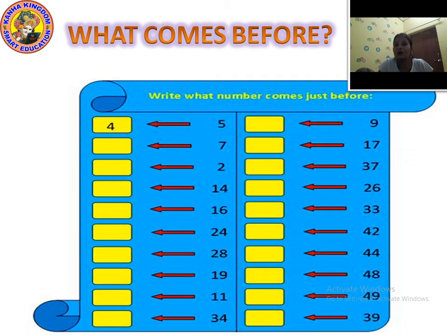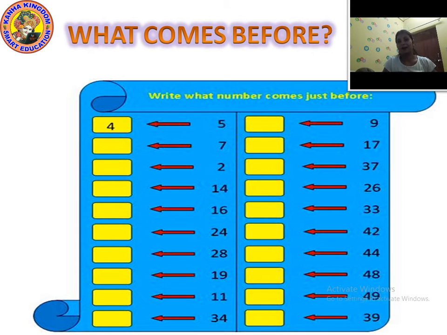Okay, so 16 comes just before 17. Okay, so like this you all have to find out the numbers that come just before these numbers. The remaining numbers you have to find out on your own.